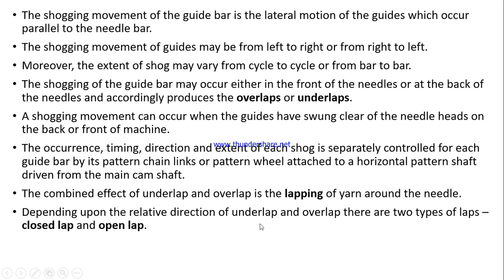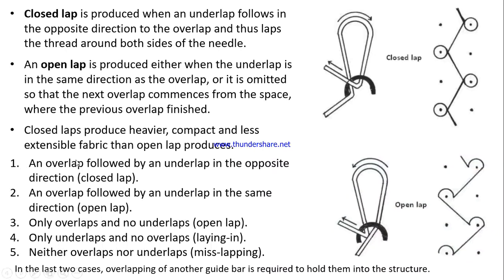Either there will be a closed lap, when the loop which is produced is closed or crossed, or an open lap when the loop is open. That can be understood from this figure. So this is the structure of a closed lap where the loop has been closed, or the open lap where the loop is open.